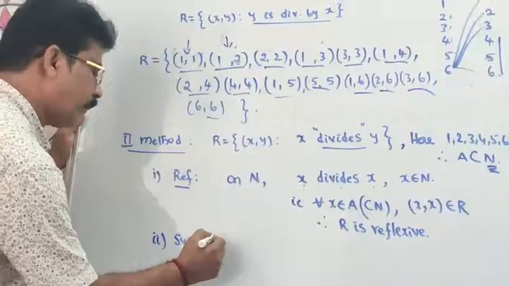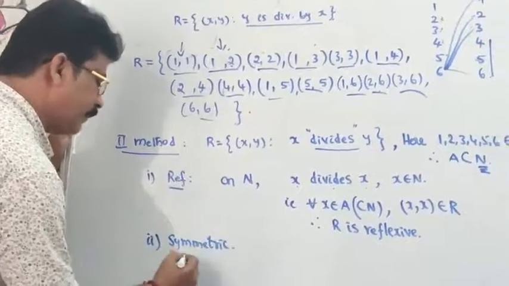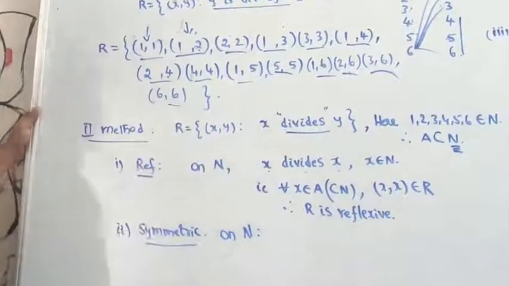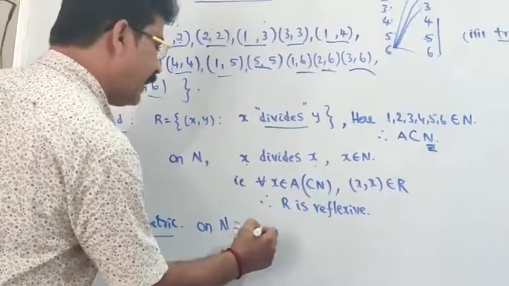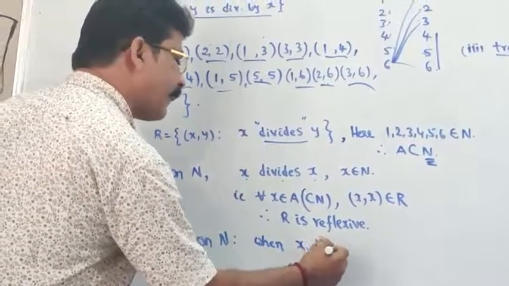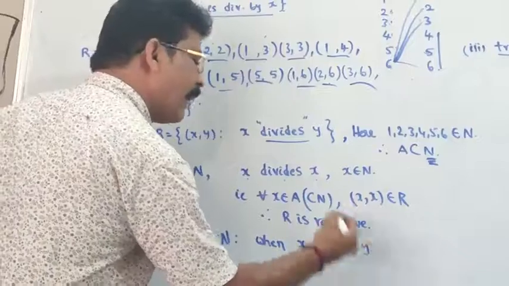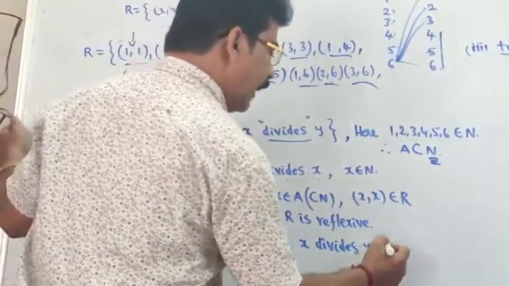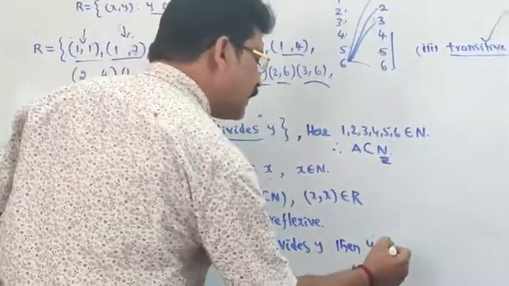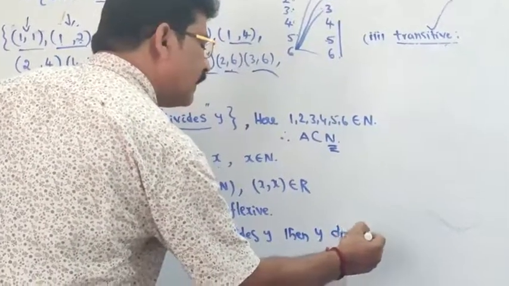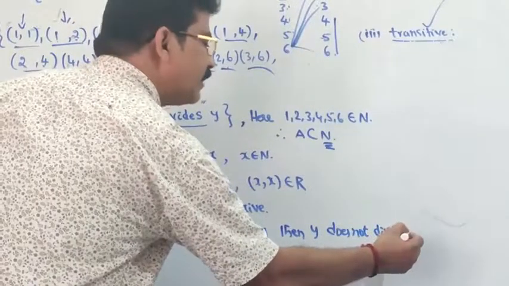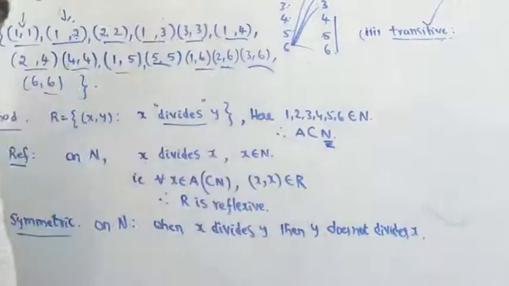Next, number 2, symmetric property. On capital N, when x divides y, then y does not divide x.